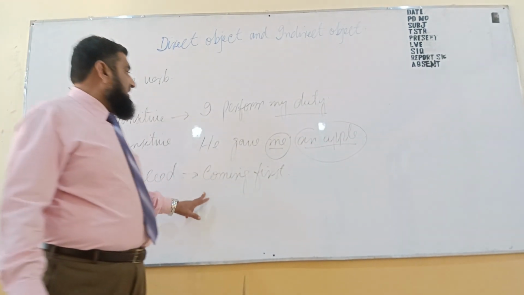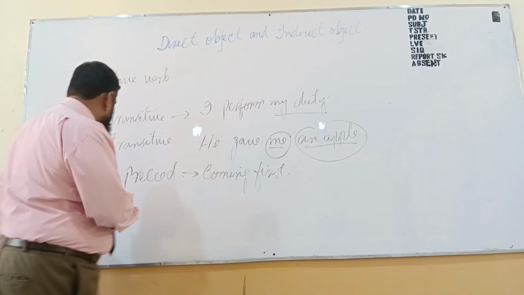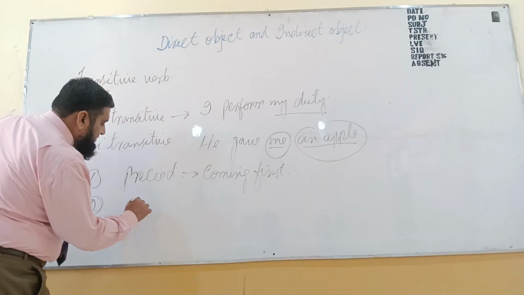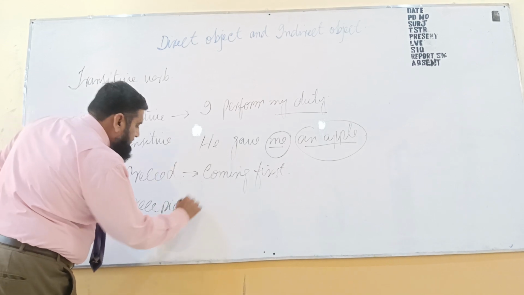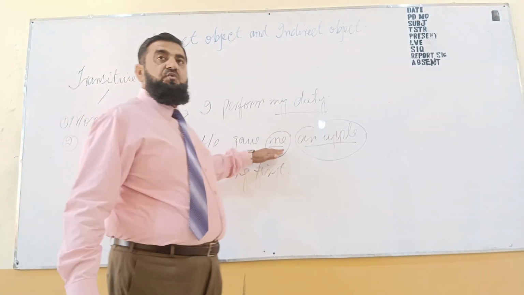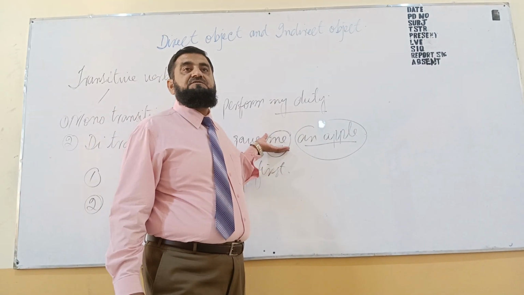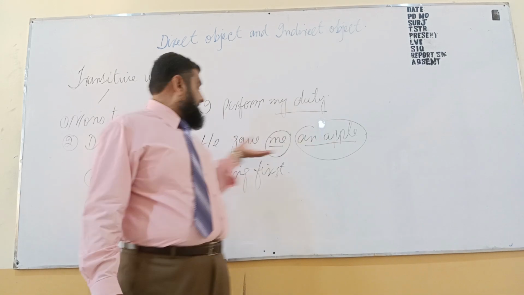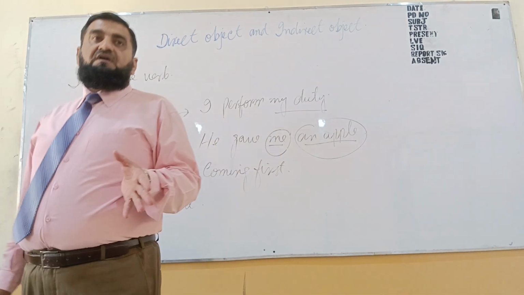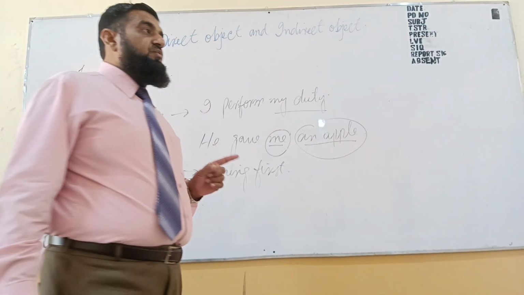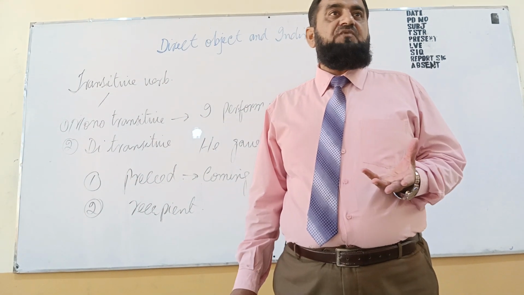The second condition is that the indirect object will be in the form of a recipient. Something which is given within this sentence will be received by the indirect object. For example, the apple is given by him and that is received by me. So an indirect object is an object which receives something, which is in the form of a recipient.